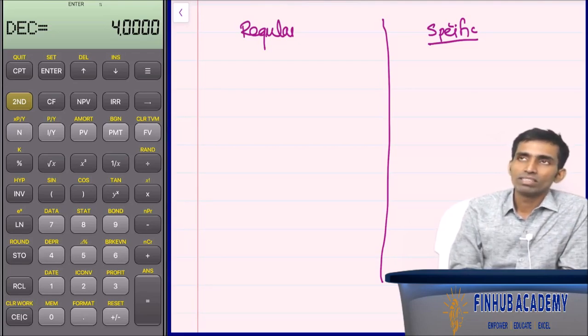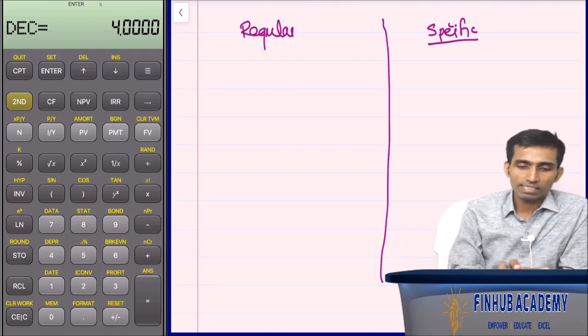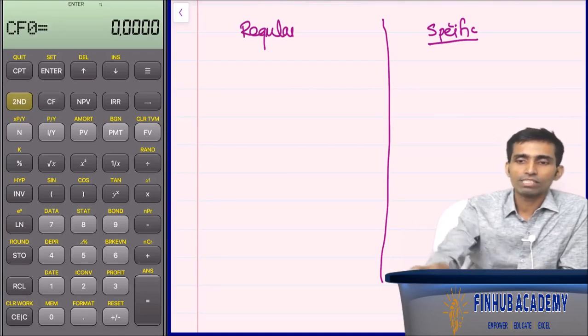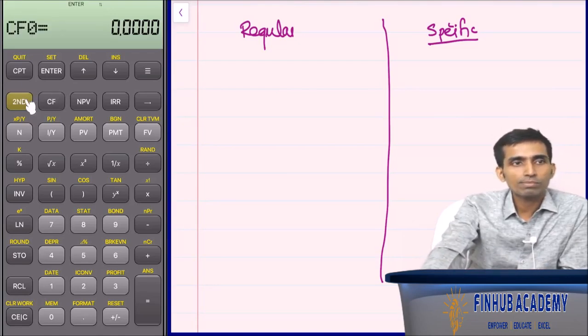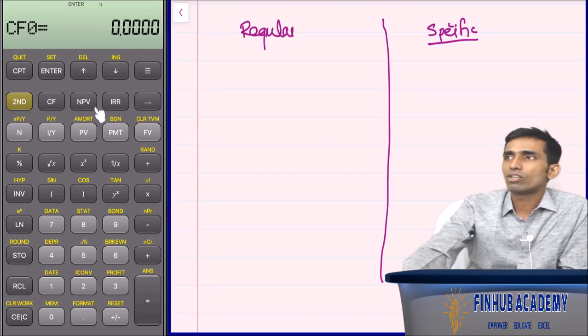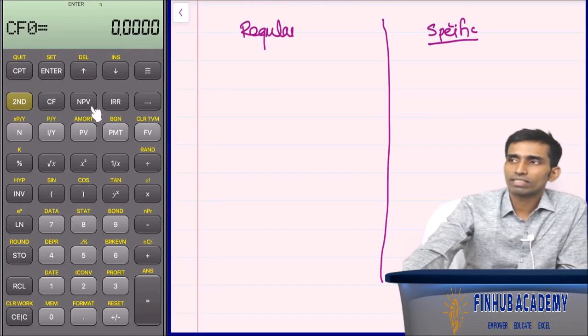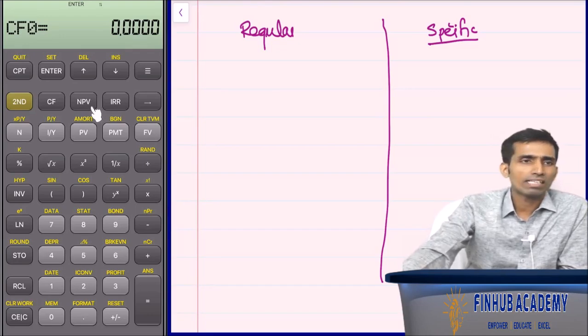Okay, see this line, this second line, can you see CF? This one, let me show it to you here, this part. These buttons are the CF buttons. They are NPV, IRR, all those calculations, which you can use in corporate finance.